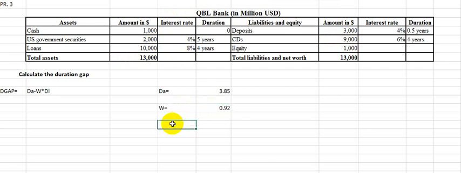And finally, the duration of liabilities is, using the same rule as for the duration of assets, $3,000 in deposits times half a year, plus $9,000 in CDs times 4 years, over total liabilities, which is $12,000, i.e. deposits plus certificates of deposit.